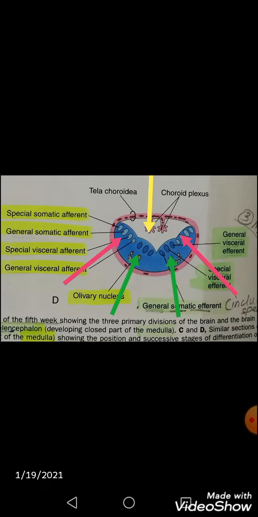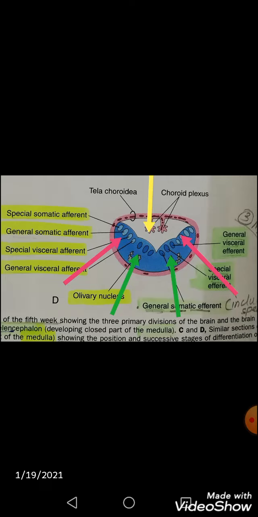It means that the 4 components which are particularly found in the peripheral nerves start with the word general, either afferent or efferent. So remember, all 4 fibers are general. Let me repeat: general somatic afferent, general visceral afferent, general somatic efferent, and general visceral efferent.